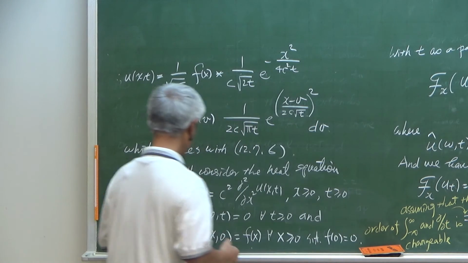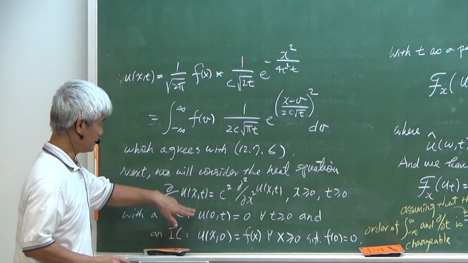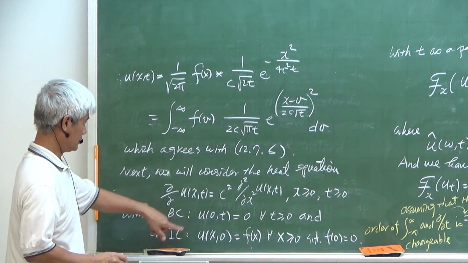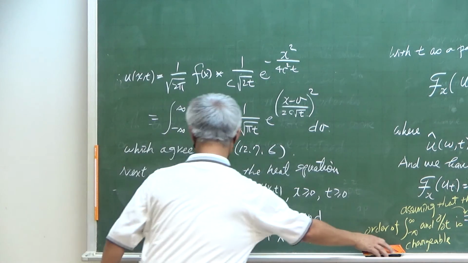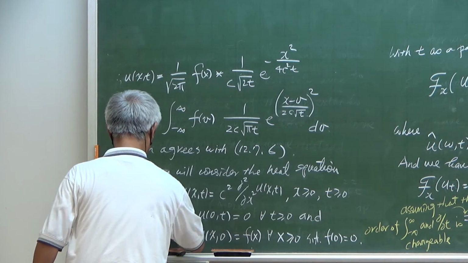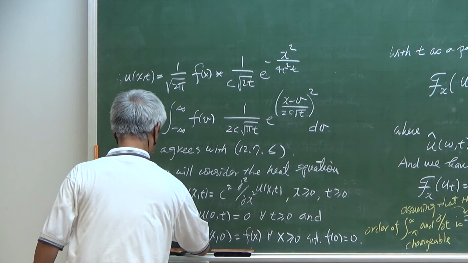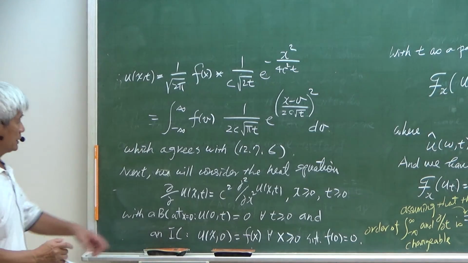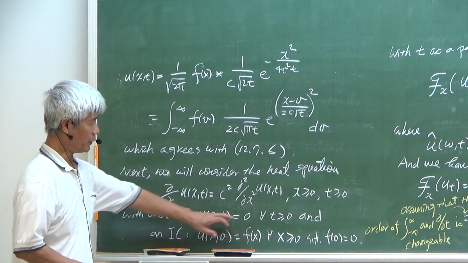So that means at the end x equal to 0, we have a boundary condition. At x equals 0, the temperature is always 0.